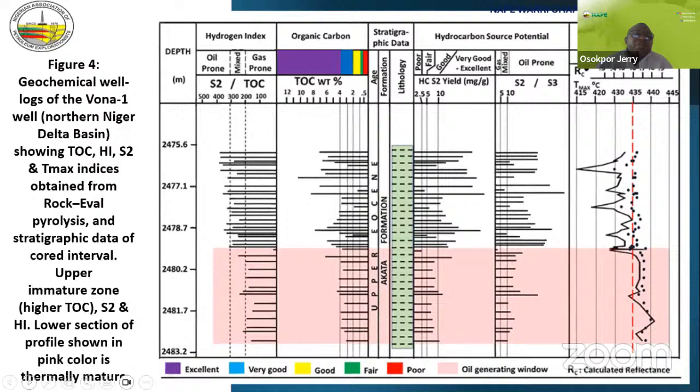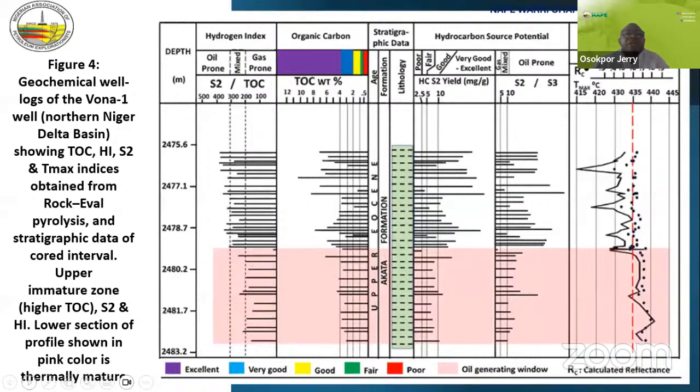Like what I was explaining in the previous slide, this section, from 2475.6 to less than 2480, is the upper part of the well, the uncored section, while this area in pink at the base of the well is the data set from the cored section, where the rocks showed maturity, where thermal maturity has attained hydrocarbon generation state.